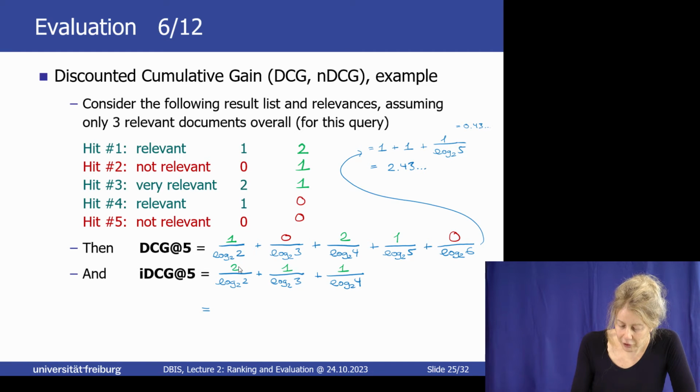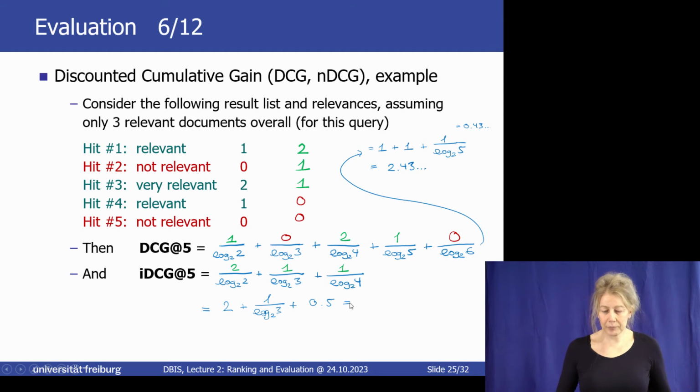So here I have 2 over 1, that's 1, and this is 2 plus. This we have to Google, log 2 of 3, and this log 2 of 4 is 4, so that's 1/2.